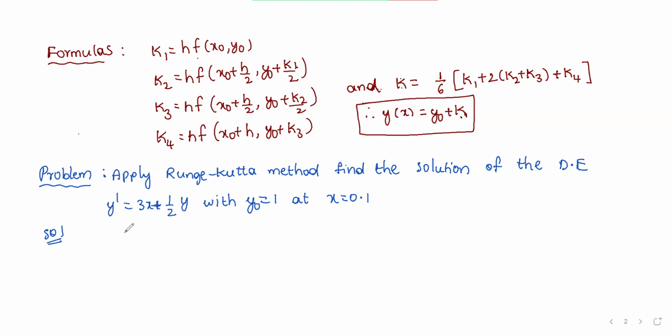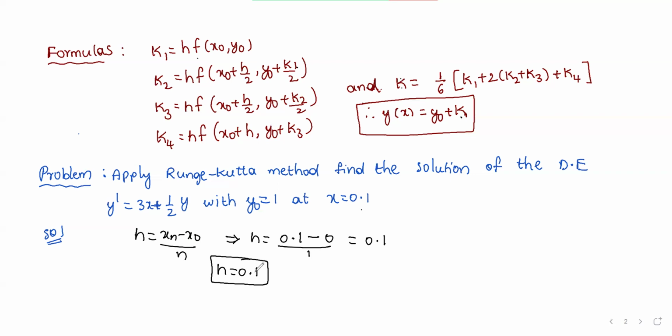Here we have to find h. h is equal to xn minus x naught by n. That implies h is equal to xn, the last value 0.1, minus x naught, which is 0, divided by n, which is 1. That is equal to 0.1. Therefore, h is equal to 0.1. This is the difference of each and every interval, 0.1 differences.